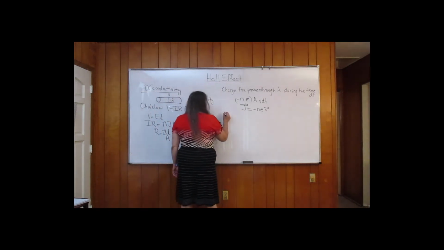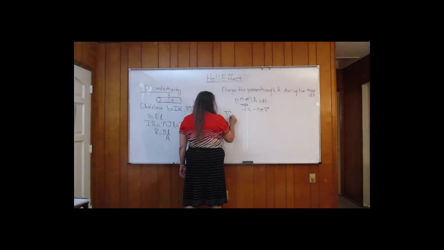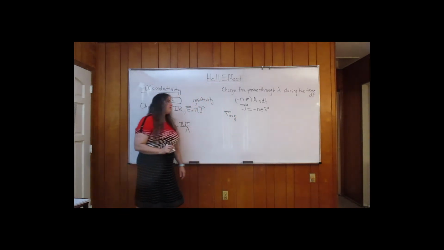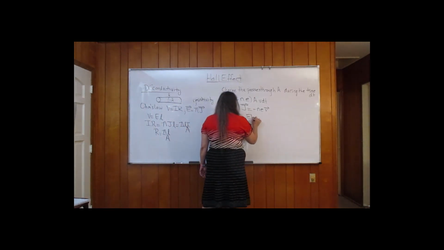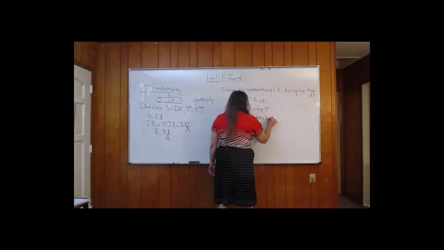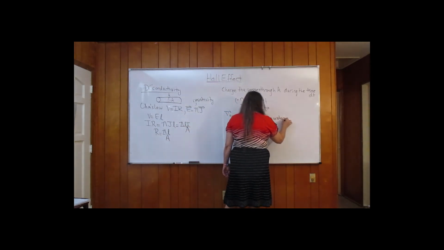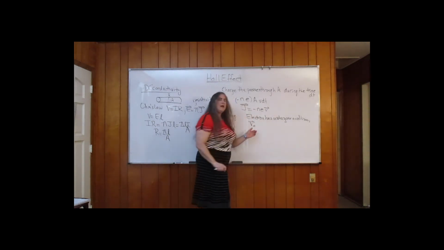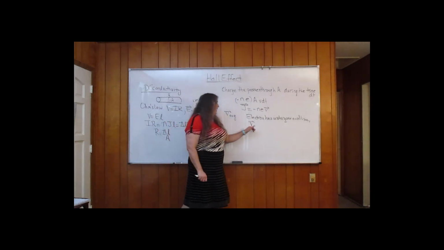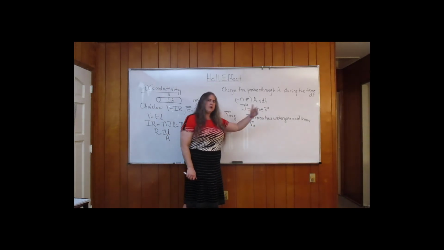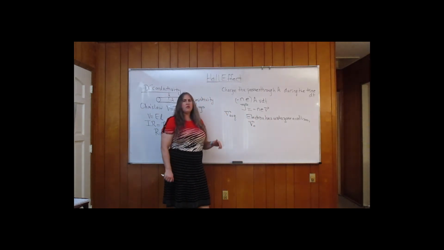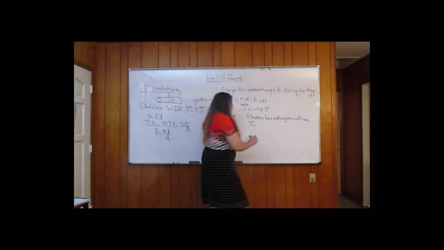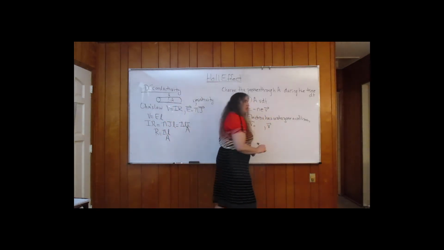Now I want to derive an expression for v on average. Okay? So let's suppose that an electron has undergone a collision. As a consequence of the electron undergoing a collision, it's going to acquire a velocity v naught. It's going to be scattered in some random direction. But because there's also an electric field that's externally applied, the electron is going to acquire an additional velocity.